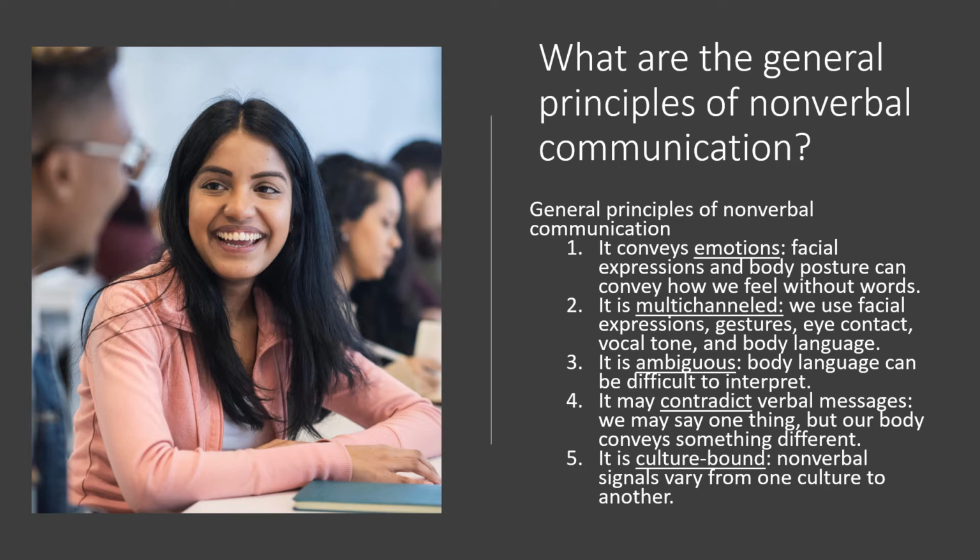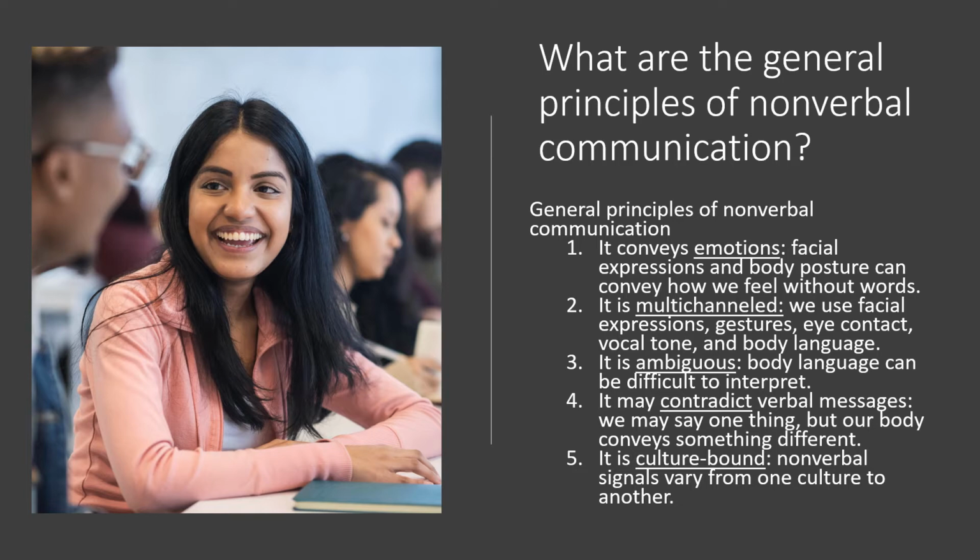And then for other instances, they may not be. And so we might rely more on looking at someone's eye contact or their body language. In addition, body language and eye contact and gestures and facial expressions can all be ambiguous. And this means that it can be difficult for us to interpret.